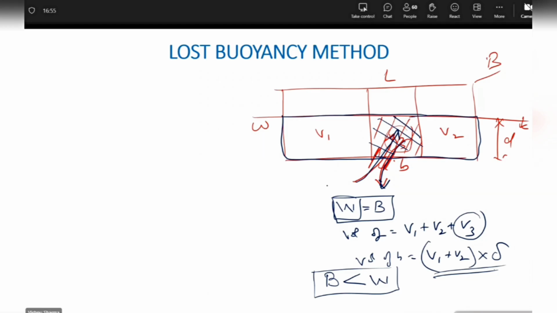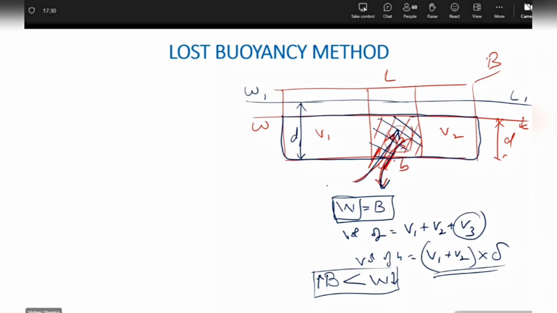Buoyancy acts upwards and displacement acts downwards; with buoyancy falling short, displacement is relatively more, and it will cause the vessel to sink. Why? Because as the vessel sinks, it will tend to regain more buoyancy. And let us say, at D1 draft, at a water line of W1L1, the vessel strikes a new equilibrium.